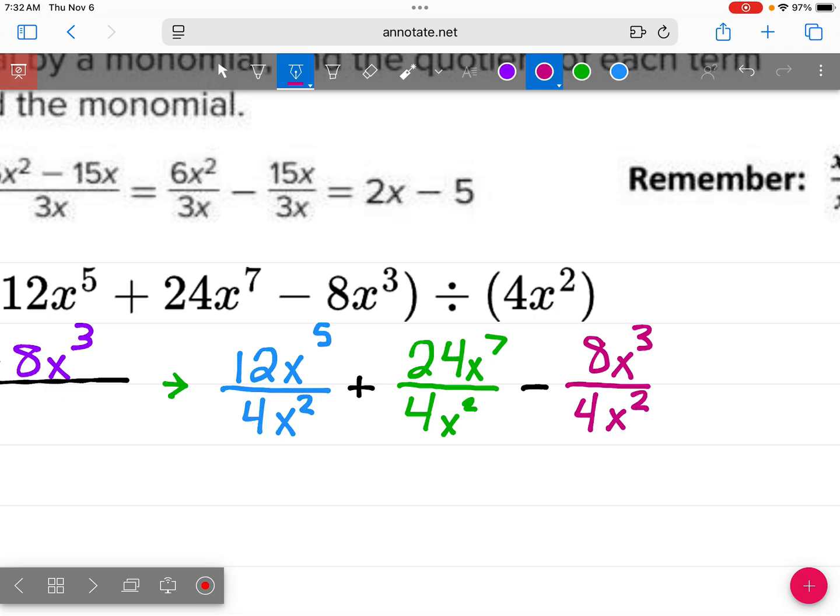So step 1 is to take our written problem and write it as a fraction. Step 2, cut my fraction up into pieces. Questions on what we did before we get to simplifying?